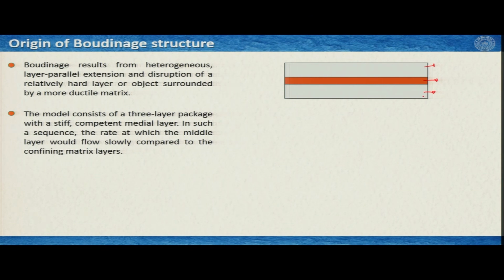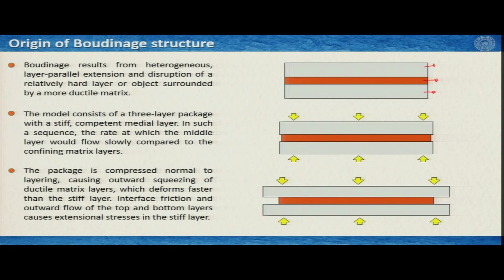Now, the sequence is made in such a way that the middle layer would flow slowly compared to the confining matrix layers. We will see soon that if I apply a layer-normal compression, as you can see here, then the top and bottom layers would flow faster than the layer in between. So, what is happening if that happens?